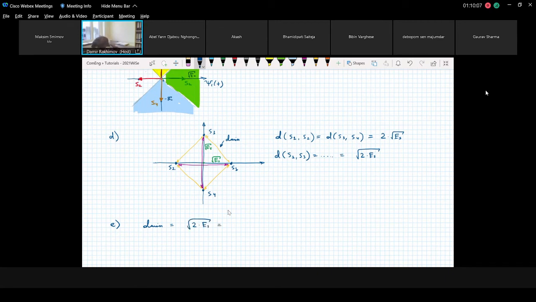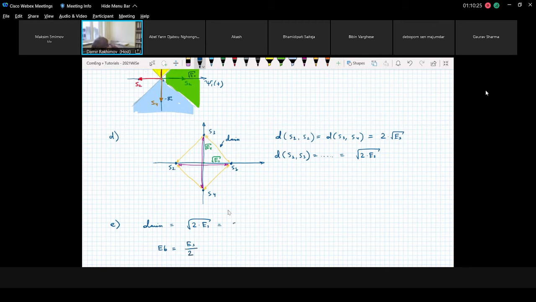But we remember that EB equals ES divided by the number of bits, in our case 2.